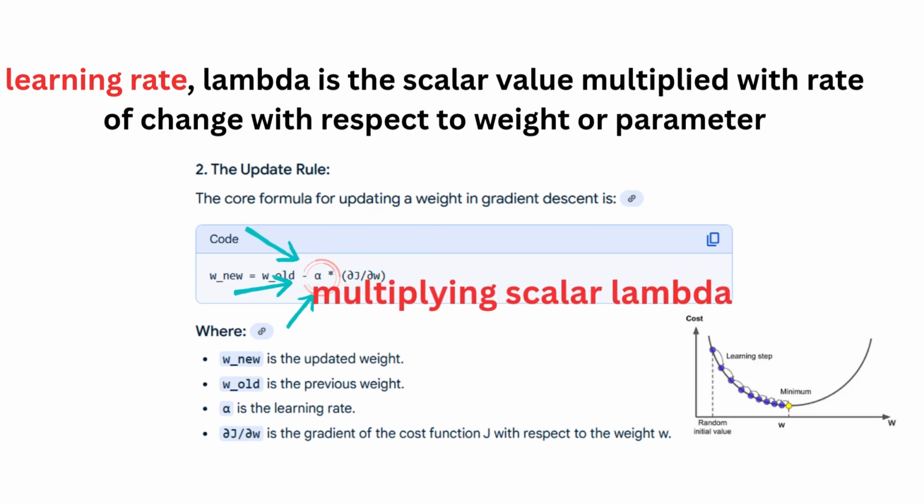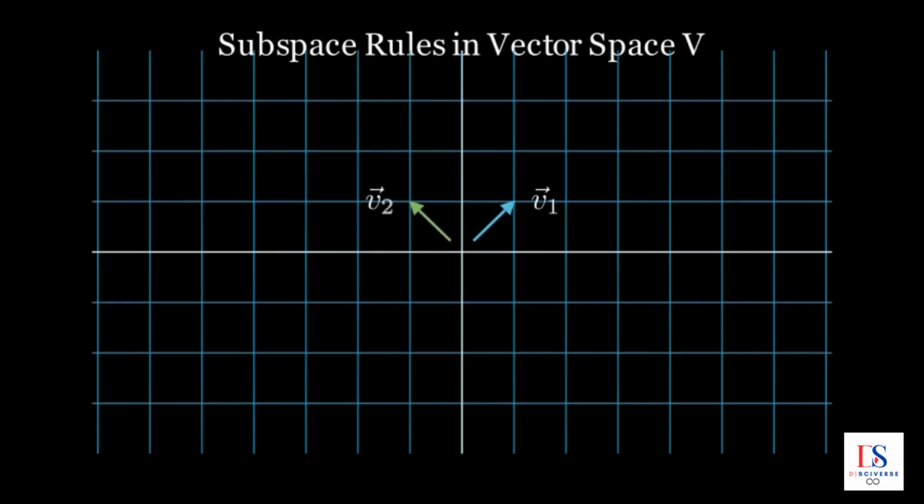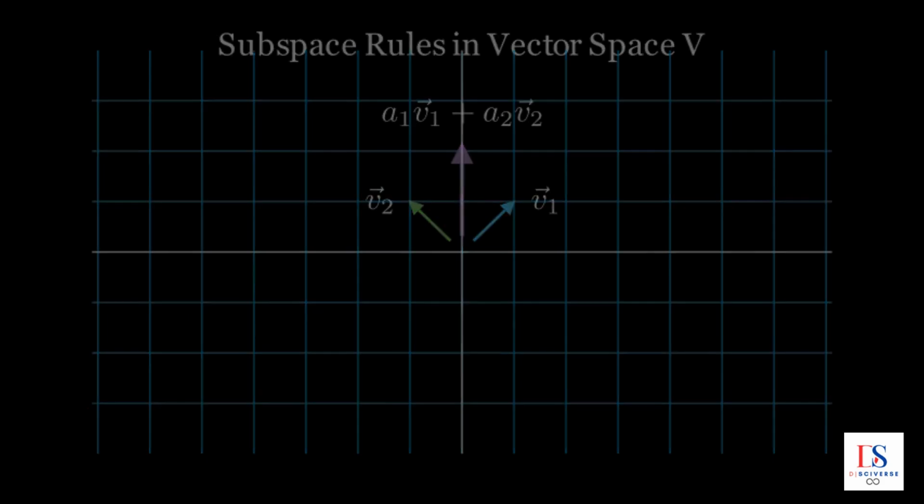Then you multiply it with a scalar quantity, which is the learning rate, and you subtract the quantity you get from the old weight. Then you get the new weight. So what is all this calculation doing? It is basically multiplying a vector with a scalar quantity.